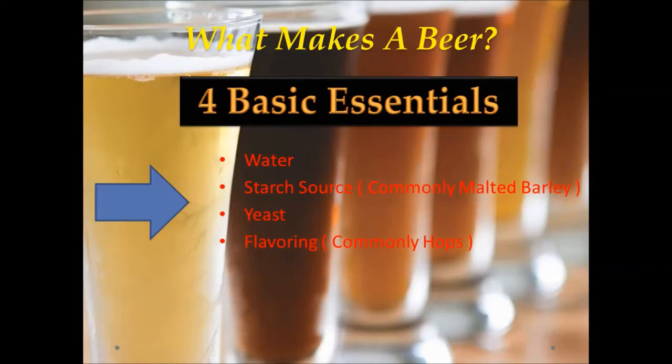And then you have the flavoring aspect, where you're dealing commonly with hops. Some companies use adjuncts, different types of liquids or spices, or you can have fruit and vegetables put into beers nowadays in that initial stage to help bring out some different types of flavoring. We'll get into each of those in a little bit, but those are essentially your 4 basic things you have to have.